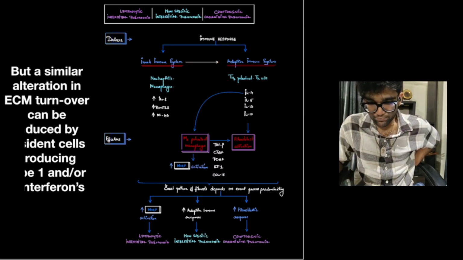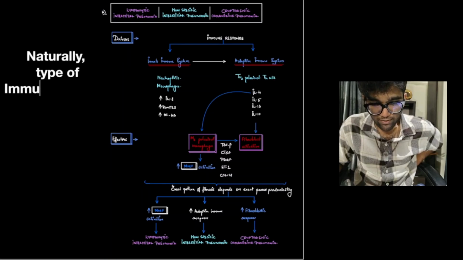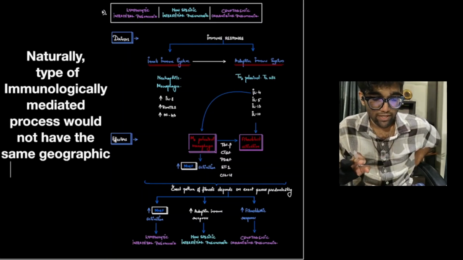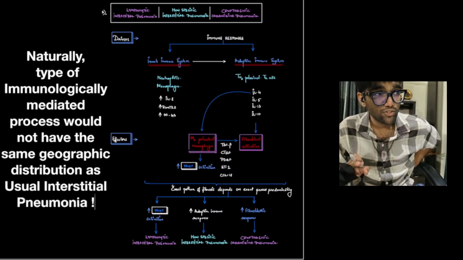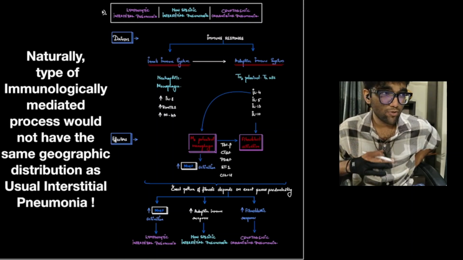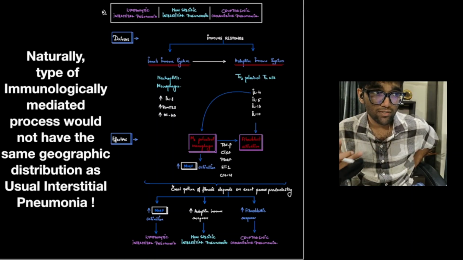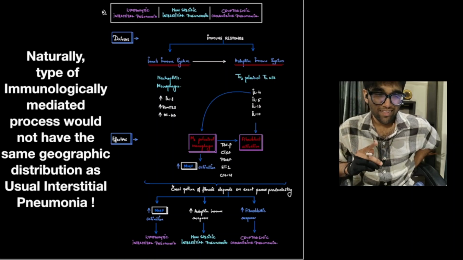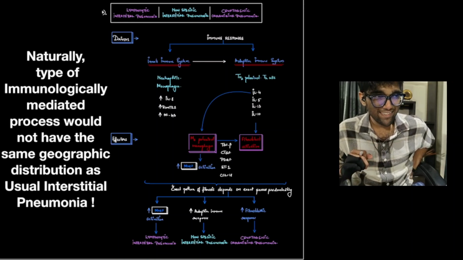Now, this type of immunologically mediated process would not be expected to have a similar geographic distribution, because there's no reason for it to be basal predominant or subpleural predominant. But actually there is a reason for it to be basal predominant, and we'll see that.